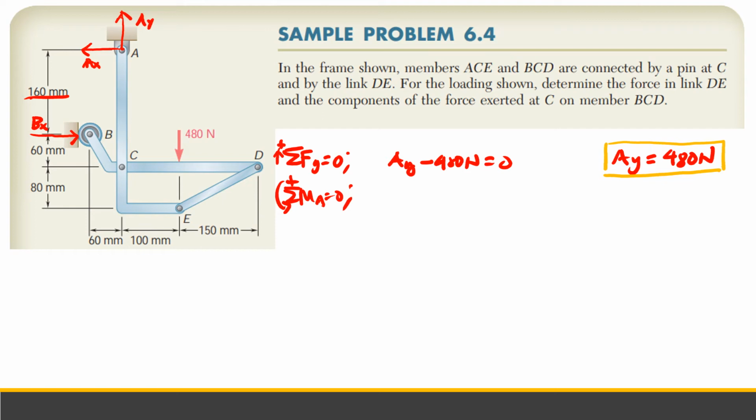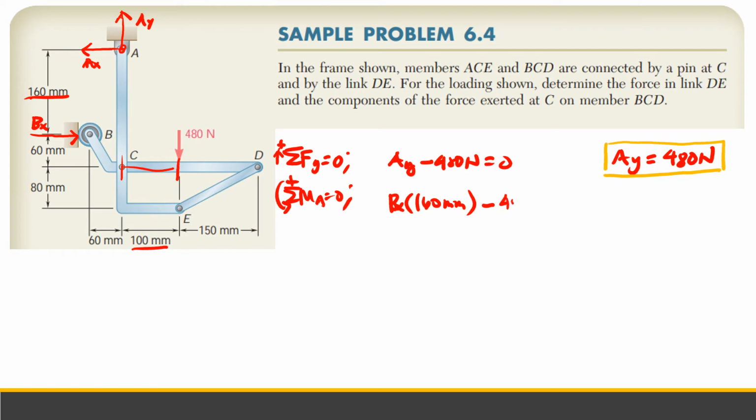Okay, so BX times 160 mm minus, yung 480 naman is meron siyang clockwise na effect with respect to the moment at A, and yung perpendicular distance niya is yung 100 mm. So itong distance na to.